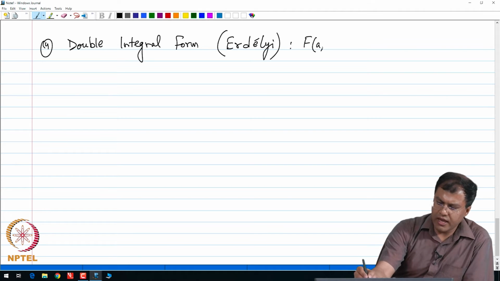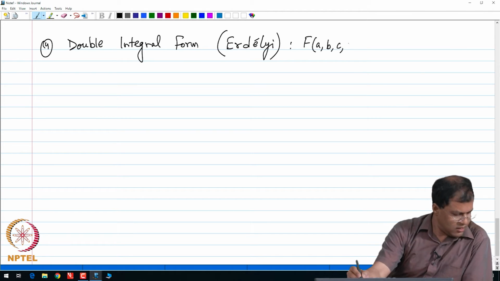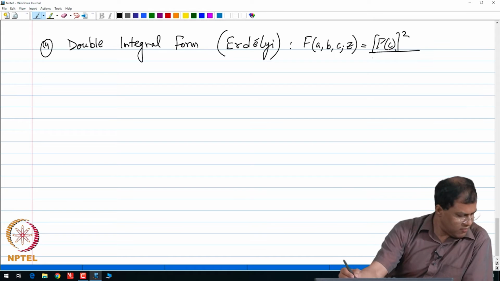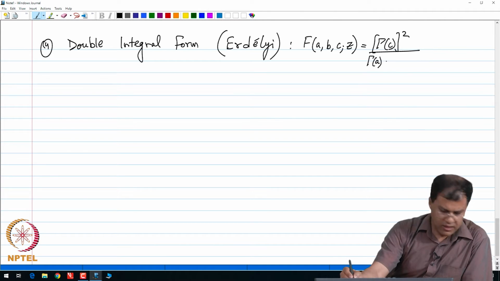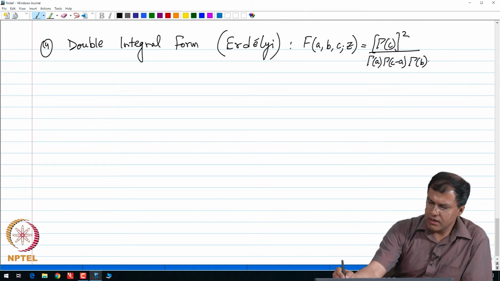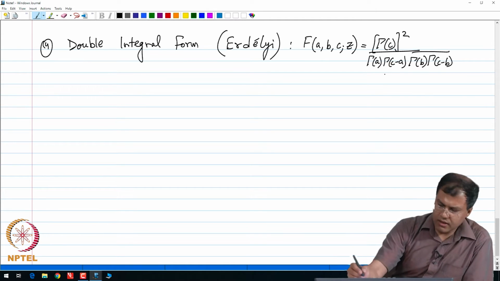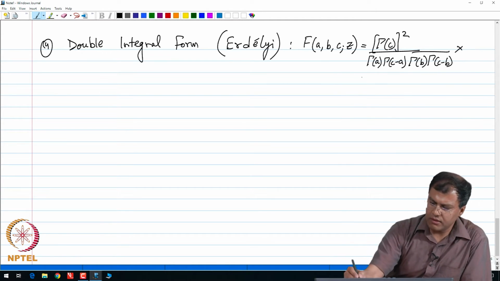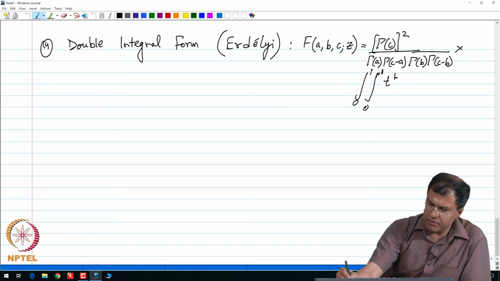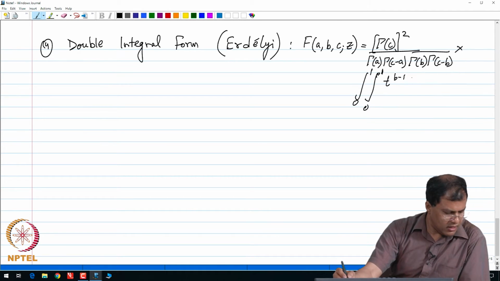So, F of a, b, c, z is gamma of c squared divided by gamma of a, gamma of c minus a times gamma of b, gamma of c minus b, okay, times the double integral from 0 to 1.